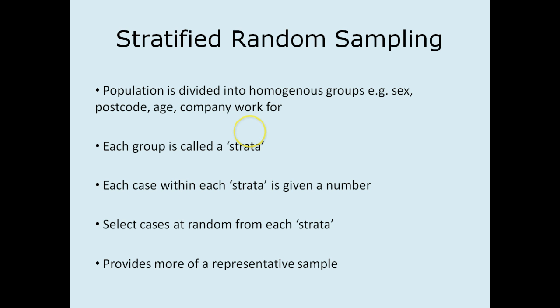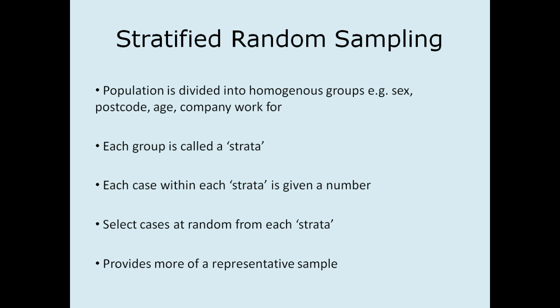The next one is stratified random sampling. Now this is a bit more complicated. We've got a population, and we can divide that population into groups with similar characteristics. If any of you have done marketing in the past, you've probably heard of segmentation. So we're dividing people on the same basis. We might divide people by sex, so we have two groups, male and female.